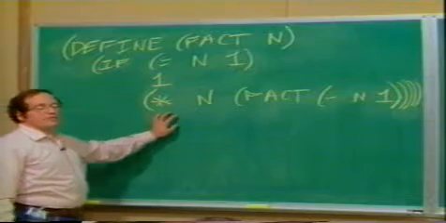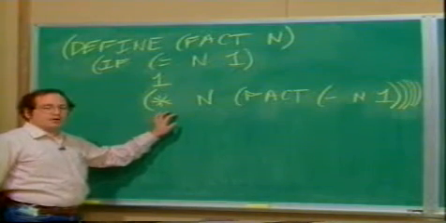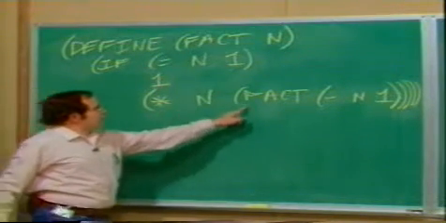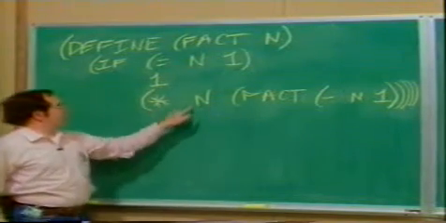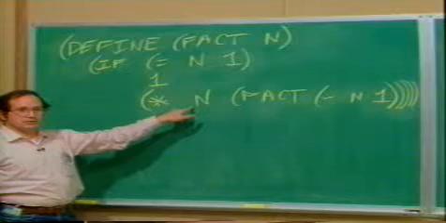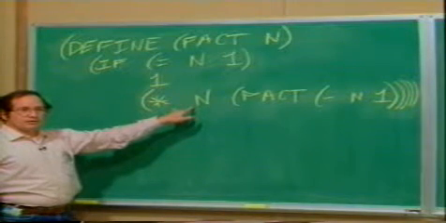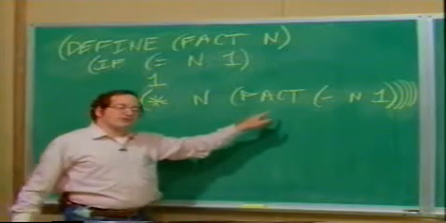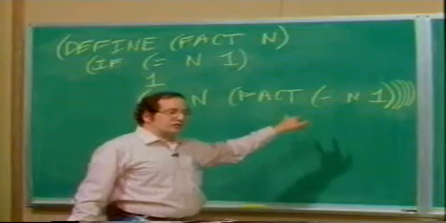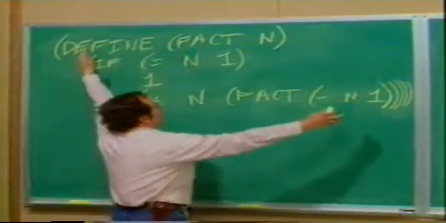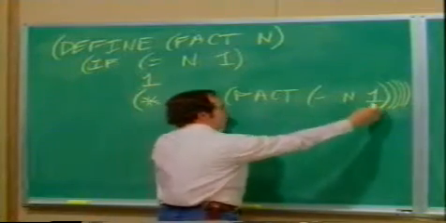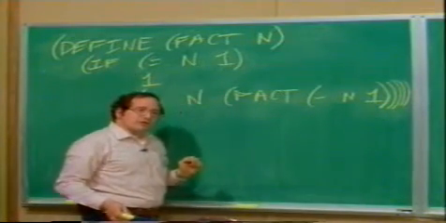And what's different about this program, as you know, is that after I've computed factorial of n minus 1 here, I have to do something to the result. I have to multiply it by n. So think of it this way: I have a machine out here which somehow needs a factorial machine in order to compute its answer.